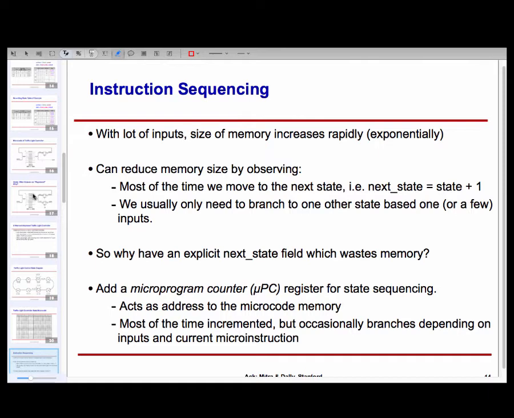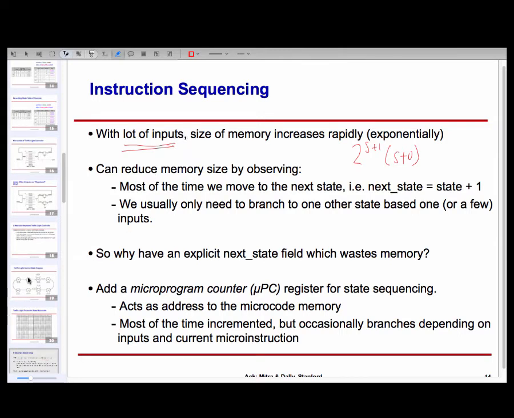So what you see out here is, if I have lots of inputs, the size of memory increases exponentially. If I added a second sensor to that example for north-south, then suddenly, instead of a memory with 16 slots, I will need a memory with 32 slots, twice the size.